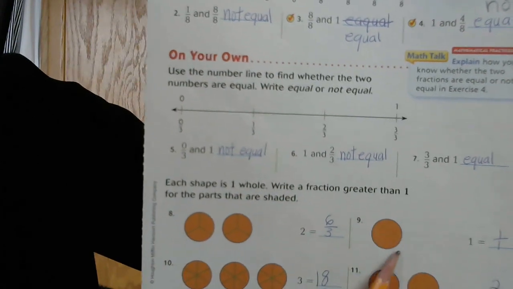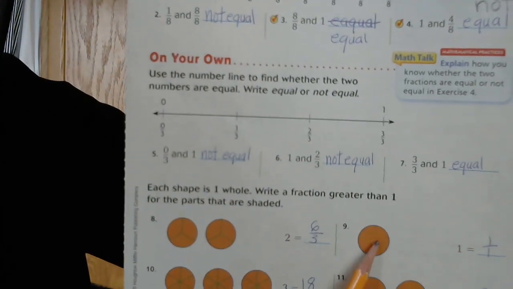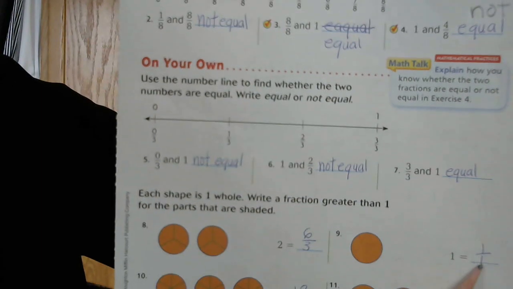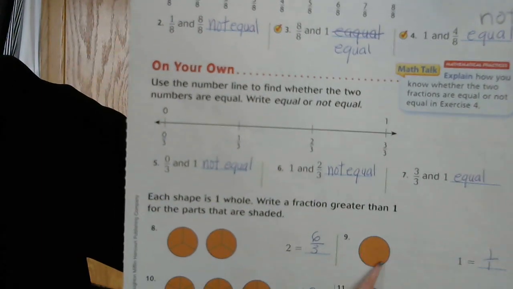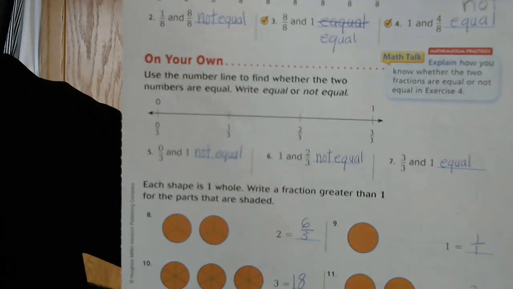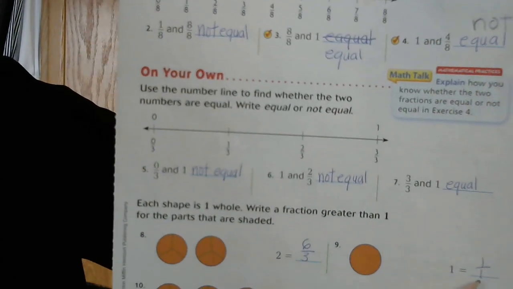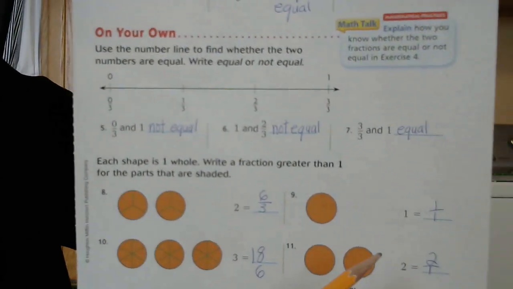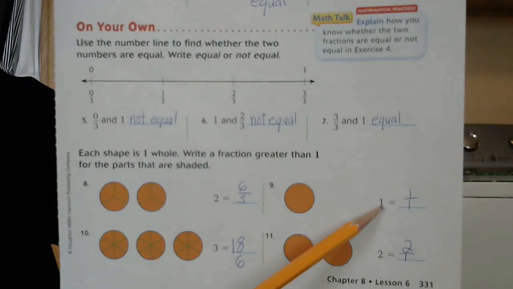On number 9, there is 1 whole. 1 is the bottom and it's broken up into 1. 1 is the top. So my fraction is 1/1. And 1/1 equals 1.